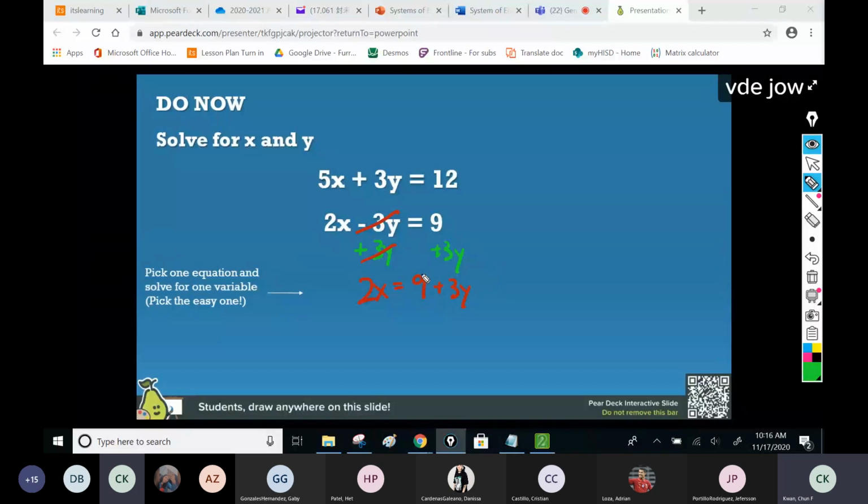After that, I'm going to move the 9 to the left, so I do a minus 9 on the right and a minus 9 on the left. These two cancel out, so you have 3y equals 2x minus 9.